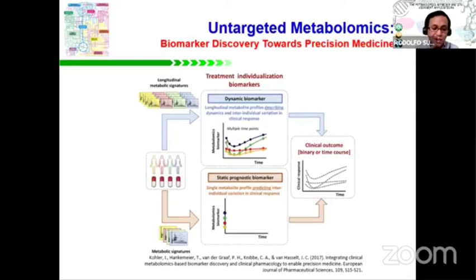Now, why do we need metabolomics? Why do we need this in the clinical setting? Well, we have a lot of clinical biomarkers for the diagnosis of diseases, but these biomarkers suffer from low sensitivity at times and or lack of specificity.